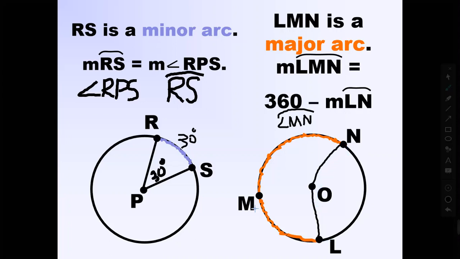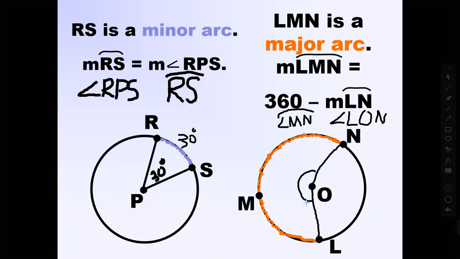Okay, this arc LMN also has a central angle. The central angle we can write as angle LON. So let's say this central angle is 120 degrees.